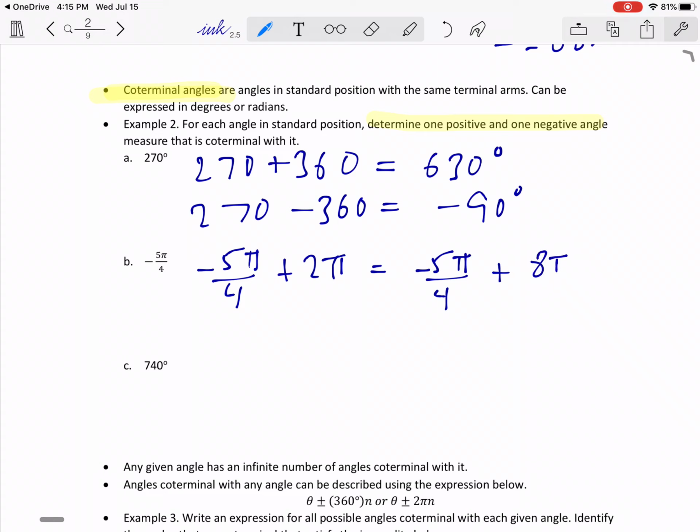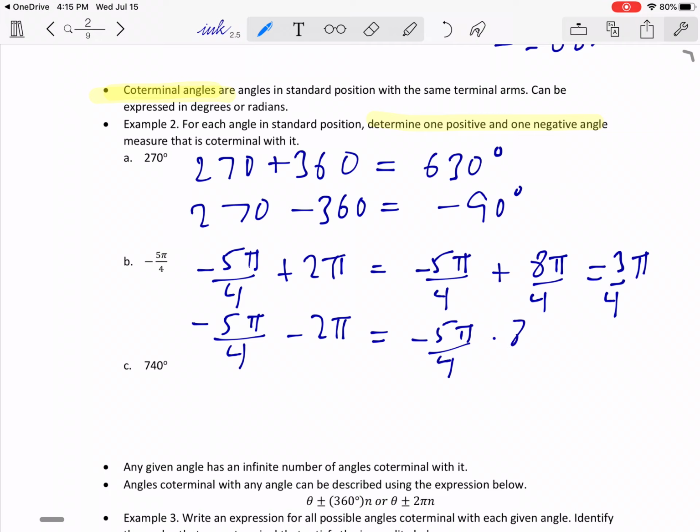So that'll be 8 pi over 4, which is the same thing as 2 pi, and that gives us 3 pi over 4. Then if we want a negative, instead of adding, we just subtract. So this will be negative 5 pi over 4 minus 8 pi over 4, which equals negative 13 pi over 4.